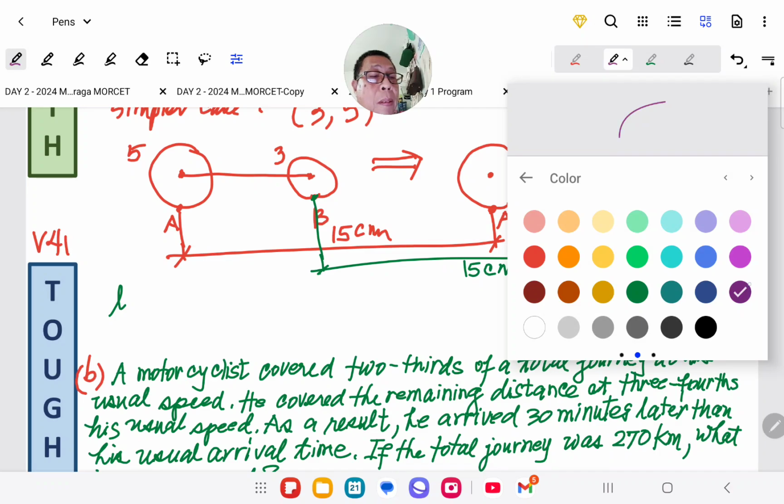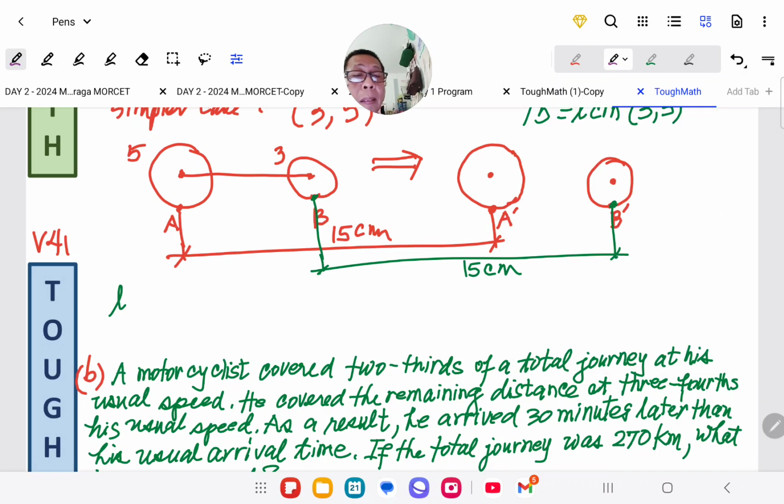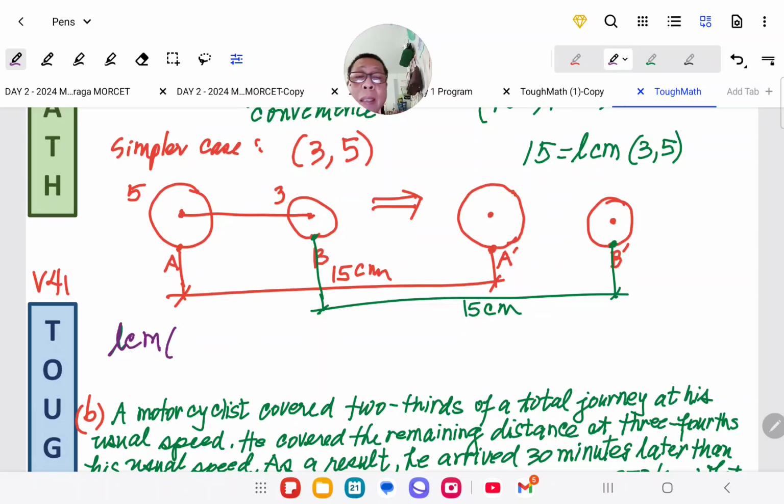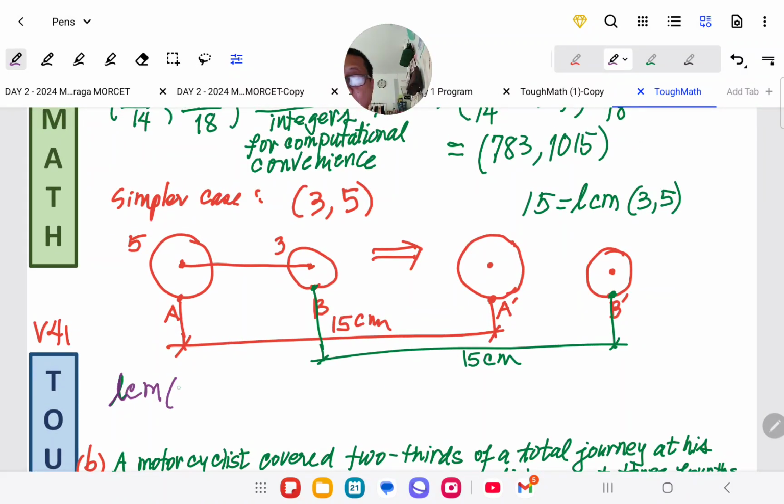So the desired distance, when the mark points are on the ground again at the same time, will now be the LCM of 783 and 1015.